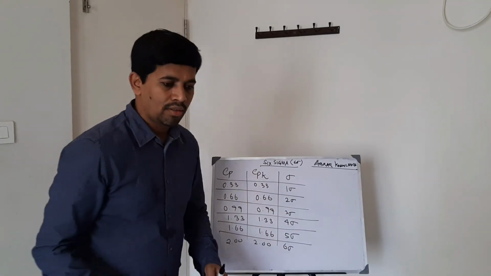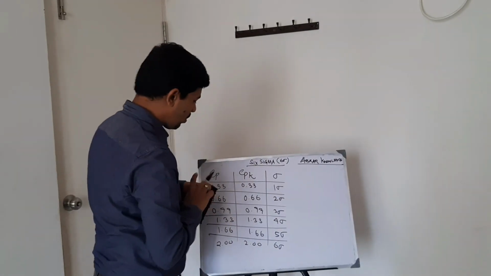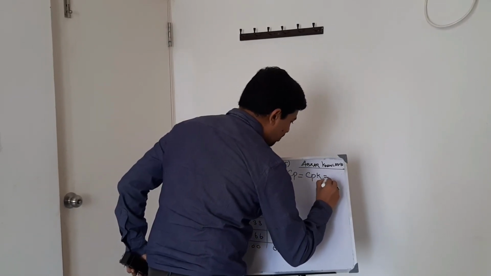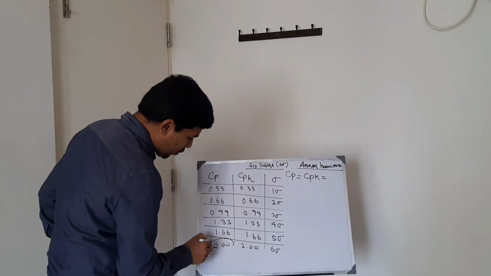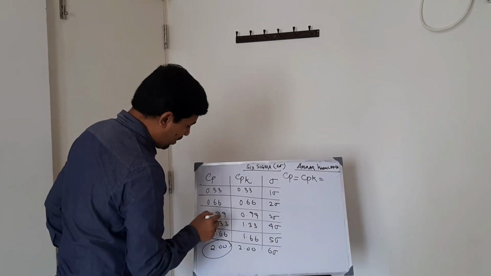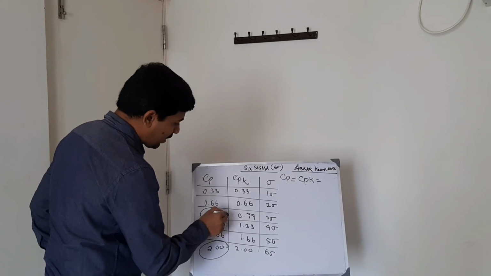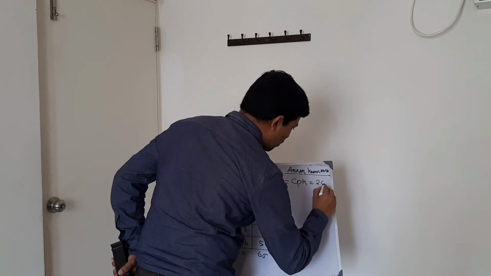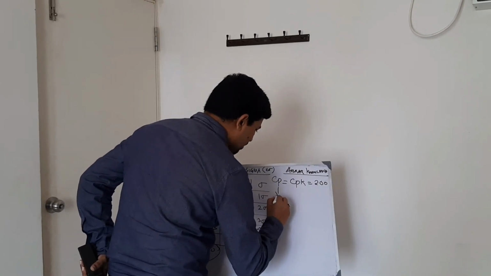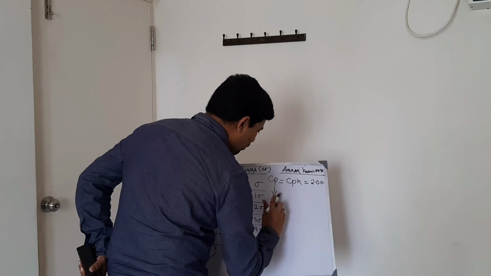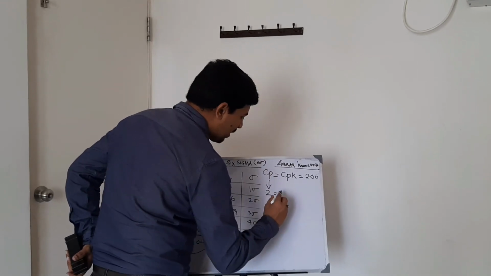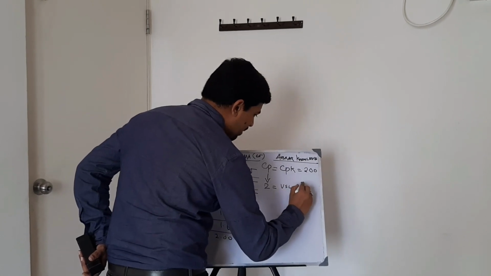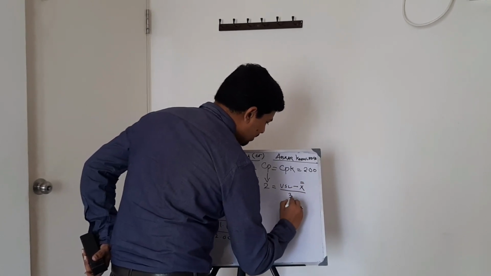Let's say CP equals CPK, let me take one value called 2. I'll determine 6 sigma. Let me take another value, 0.99. Let's see how it works. So let me take 2. CPK is USL minus X double bar by 3 sigma.